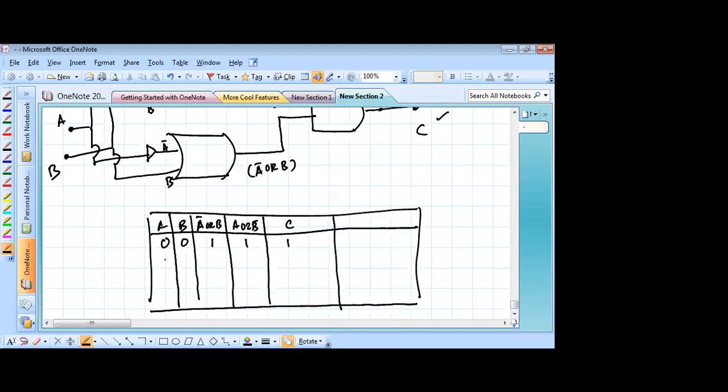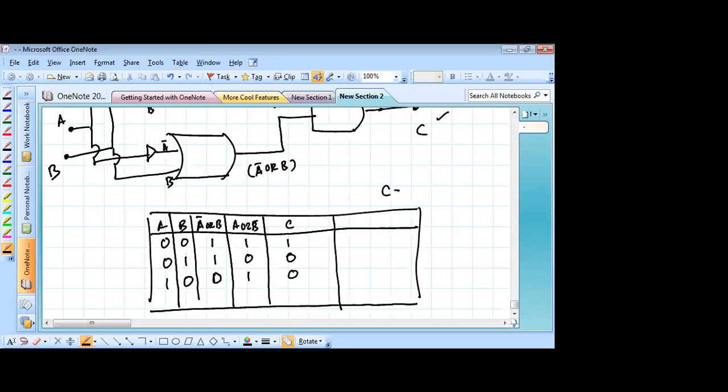But for example, if this is 0 and this is 1, then A complement or B becomes 1, but A or B complement becomes 0. So their AND becomes 0. Similarly, if this is 1 and this is 0, then A complement or B becomes 0, because A complement is also 0, B is also 0. Whereas A or B complement is 1 or 1, which is 1. So these two AND becomes 0.